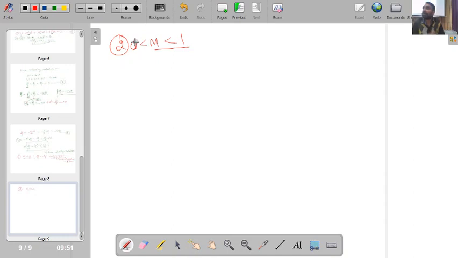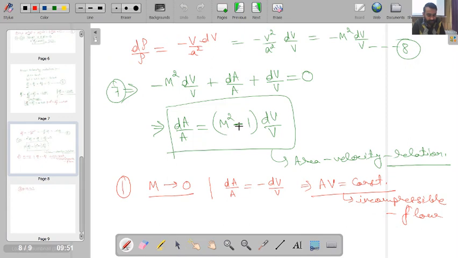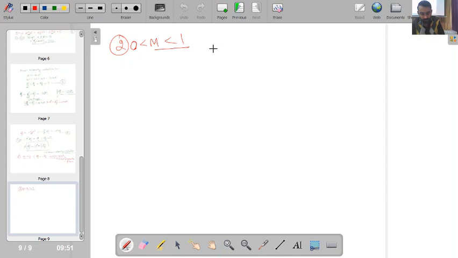So for M from 0 to 1, this quantity M square will always be less than 1, and ultimately I will find that dA by A equals negative of dV by V.